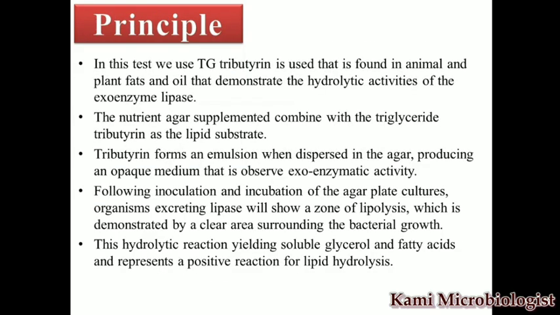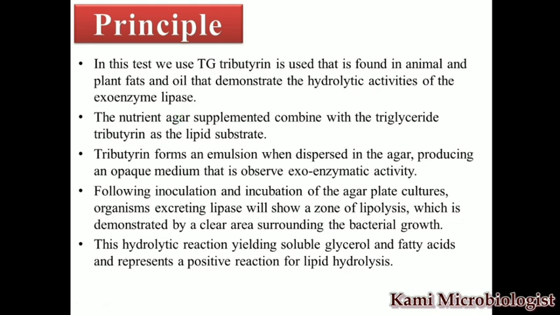The principle of the test is that we use the TG tributyrin. This TG tributyrin is found in animal and plant fats and oils. It is important because it can demonstrate or detect the hydrolytic activity of the exolipase enzyme. Next, we need nutrient agar as well as the triglyceride tributyrin.